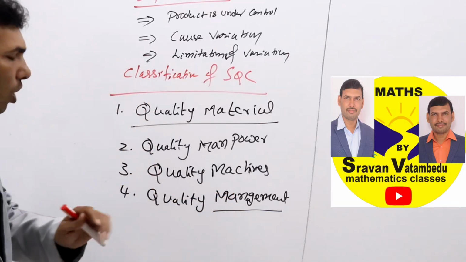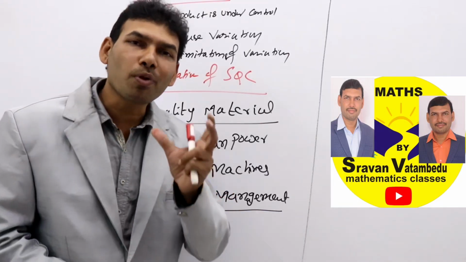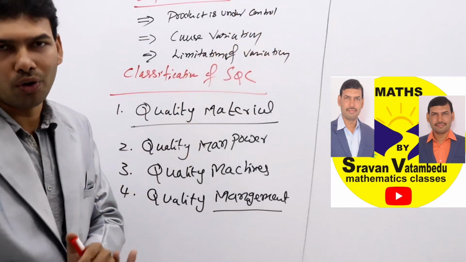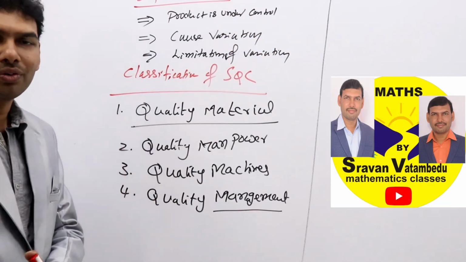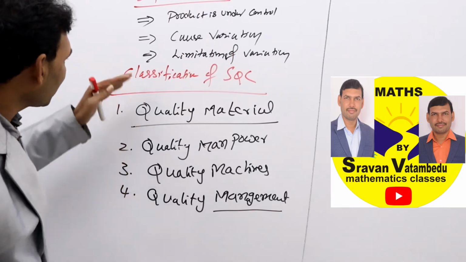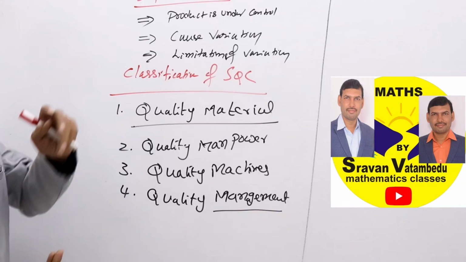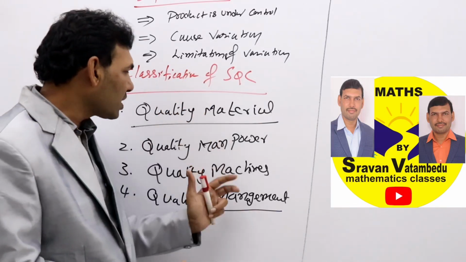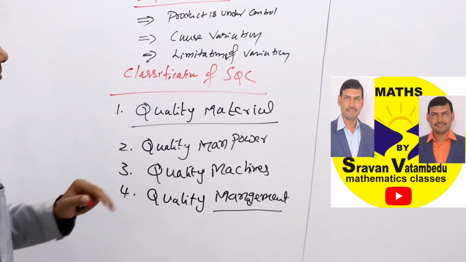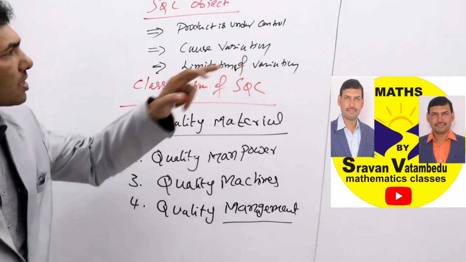If you have these 4, you will get a product manufactured under control, quality control. The standard product you will get. So this is the classification and main objective of SQC that we are going to discuss. So coming to cause of variation.